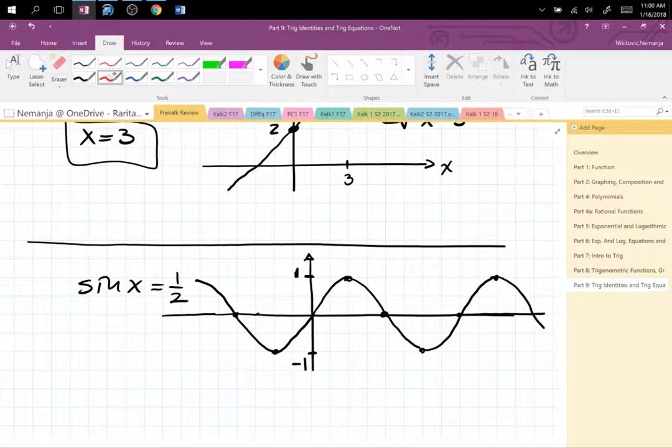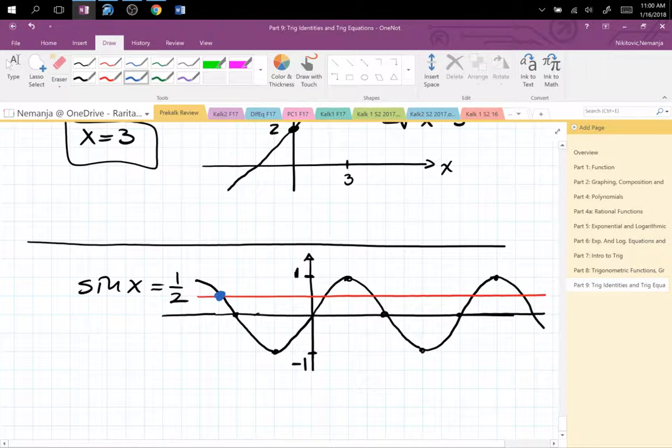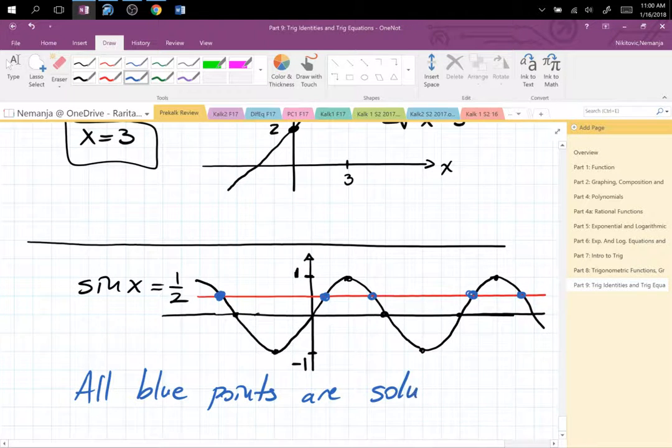Now, let me graph the right-hand side. It's a half. You see this? All blue points are solutions.